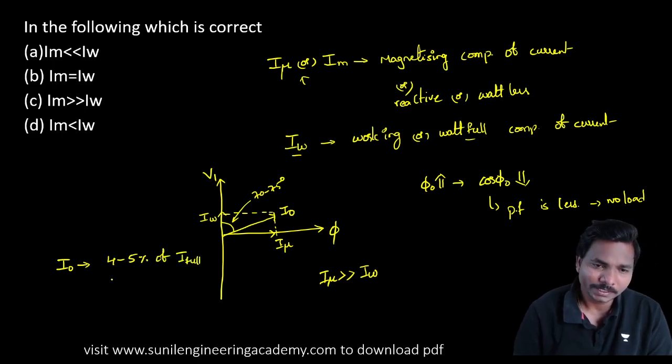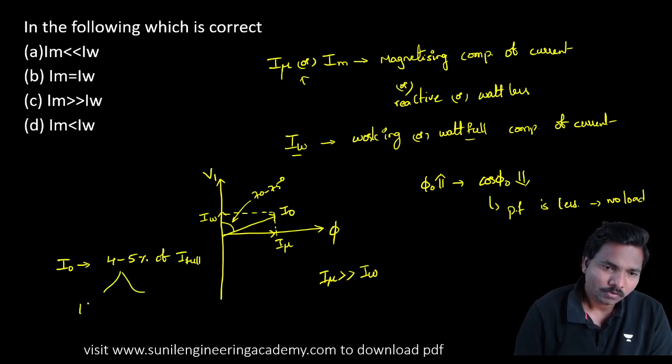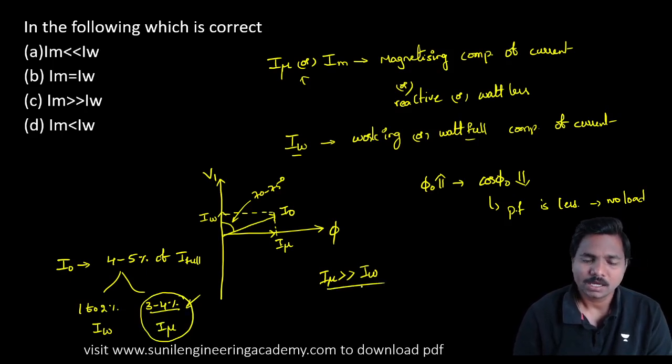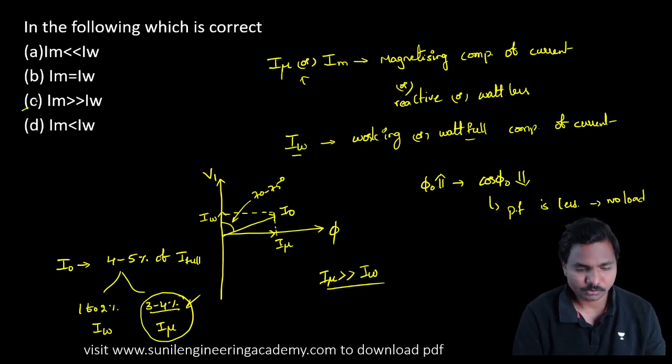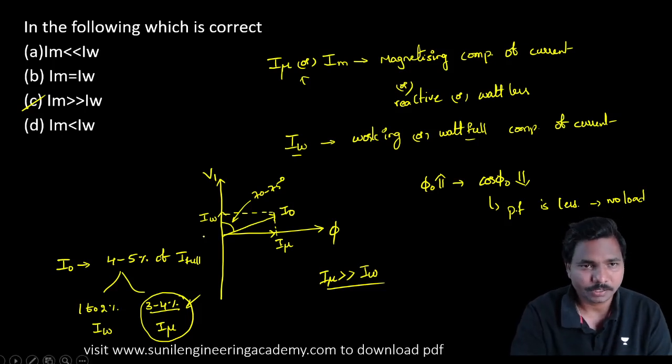In this, 1 to 2% is Iw, and the remaining 3 to 4% is magnetizing current. Magnetizing current is always higher. So which is correct? I mu is double greater than Iw. So the answer is option C. Very important question.